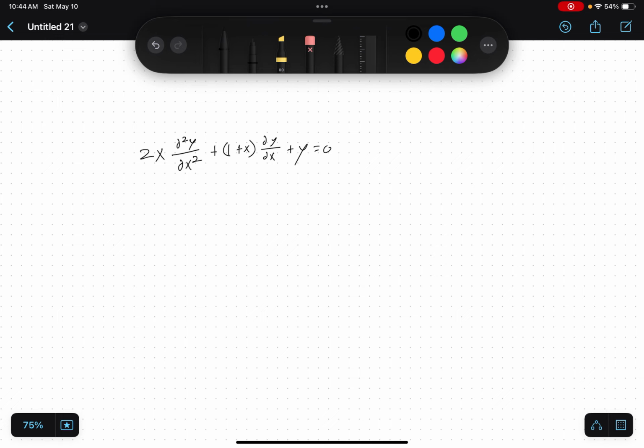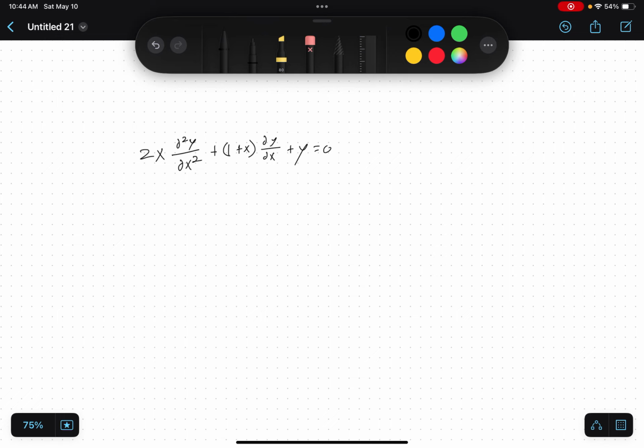There are two types of power series: there's a normal one, and then there's a Frobenius. There's a couple checks that you do to see whether you can solve it with the normal one, and whether you can solve it with Frobenius, and you do it in that order.